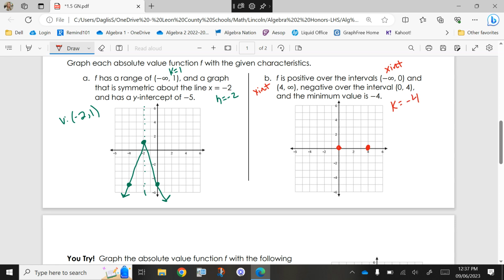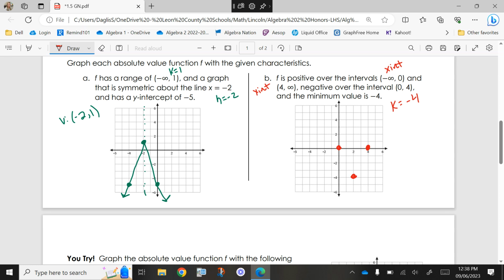So we know k is -4, but like where? This is all y is -4. How do I know where to put my point? Yeah, directly in the middle of 0 and 4. Good, but with my symmetry. So what is directly in between 0 and 4? 2. So 2, -4 becomes my vertex.